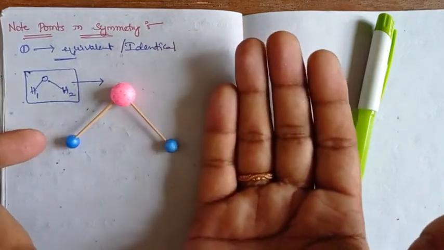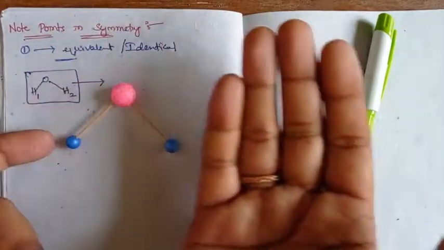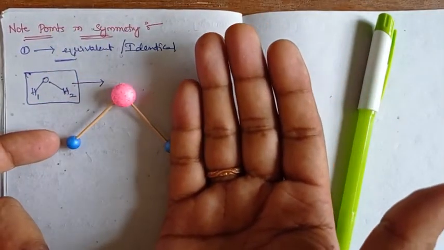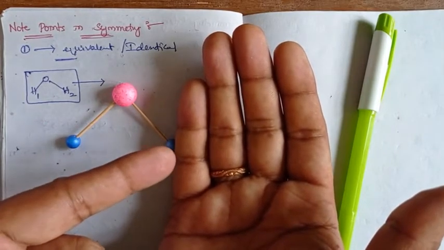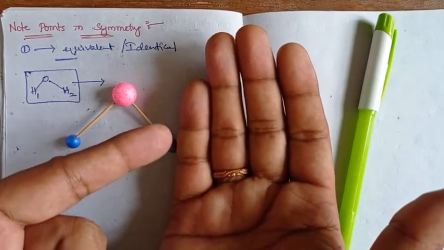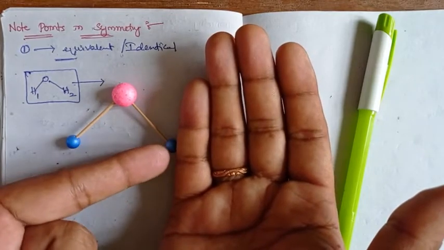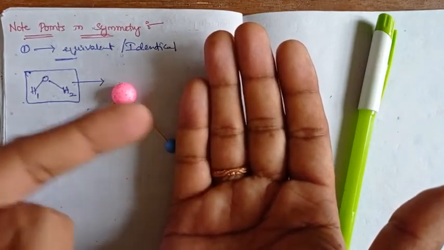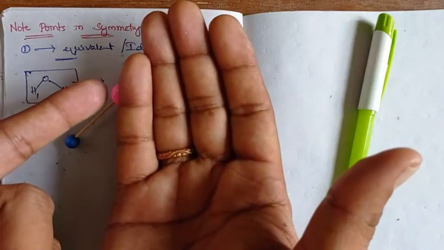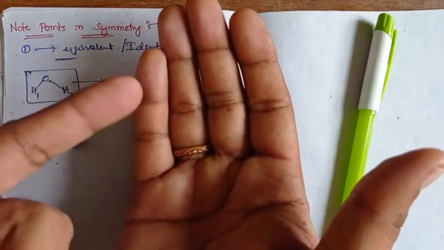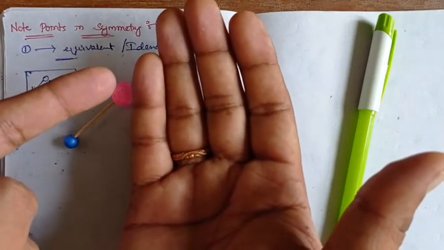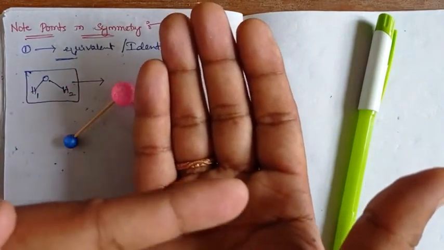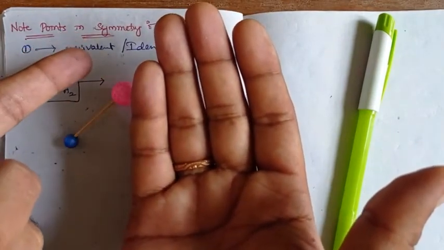Initially the plane goes through hydrogen, where it bisects the hydrogen atom into two halves. One will be below the imaginary plane, the other above it. Same when it reaches the oxygen: oxygen also gets bisected into two parts, with one half above the imaginary plane and the other half below.